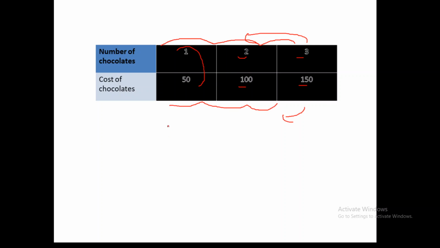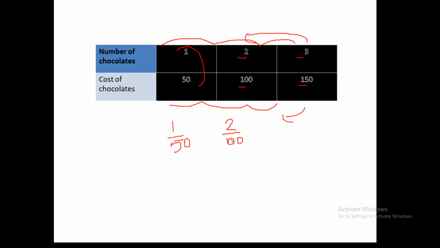Look at this. If we write this as a fraction, for example, number of chocolates by cost of chocolates. In the first case, it is 1 by 50. Number of chocolates 2, then cost is 100.